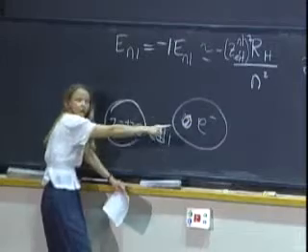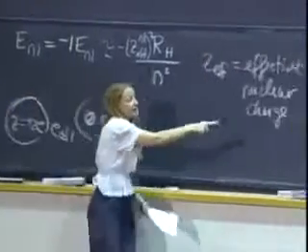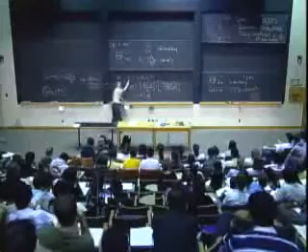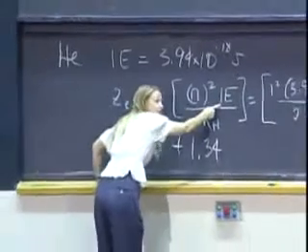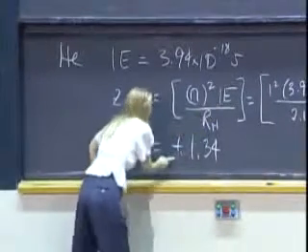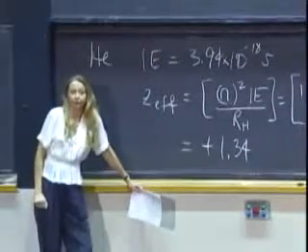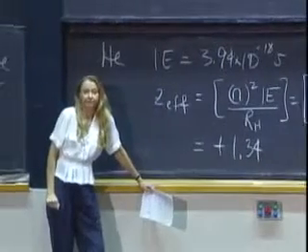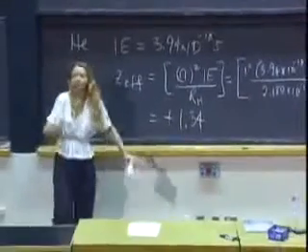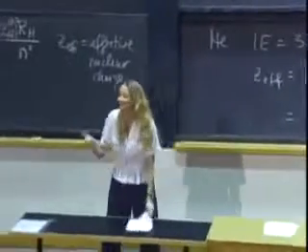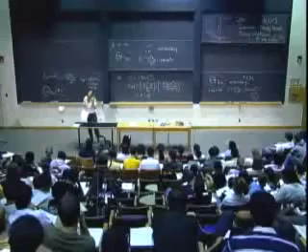Partially shields it so that we calculated, from using this scheme and using the experimental ionization energies, an effective charge of 1.34. Okay? All right, so now we sort of understand shielding and effective charge, right?